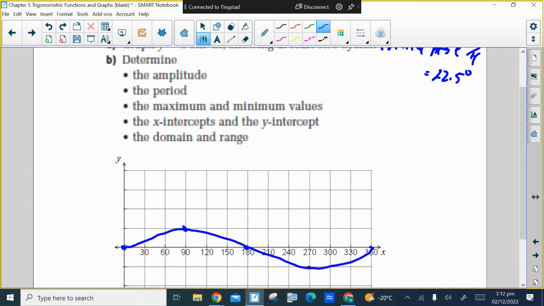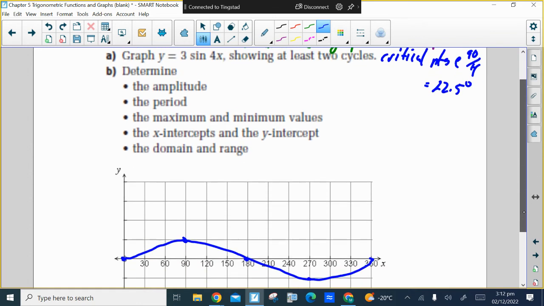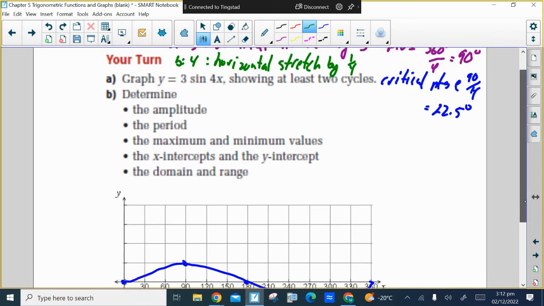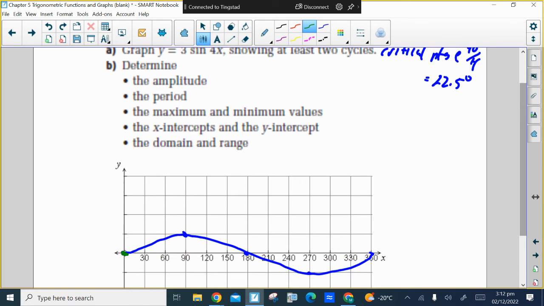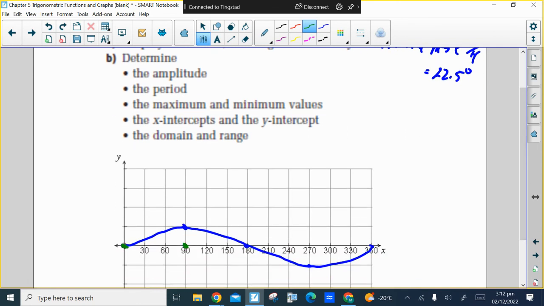So there's our graph of y equals sine x. So for our graph, we're going to start there but our first cycle will end at 90 degrees. And then another 90 will be our second cycle, then our third cycle, then our last cycle that we have room for on this graph.